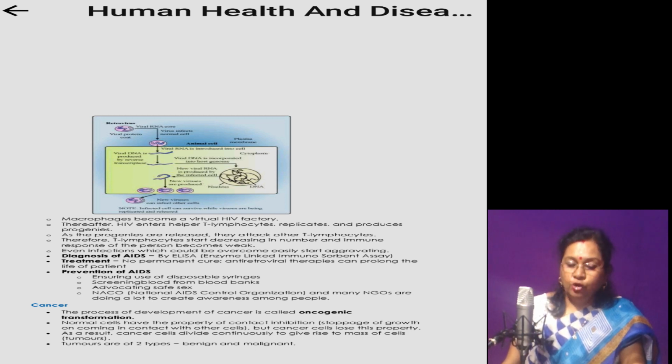WHO, the World Health Organization, has also started a number of programs to prevent the spread of HIV, such as making blood from blood banks safe from HIV, ensuring the use of disposable needles and syringes, free distribution of condoms, controlling drug abuse, as well as advocating safe sex and promoting regular checkups for the HIV susceptible population.